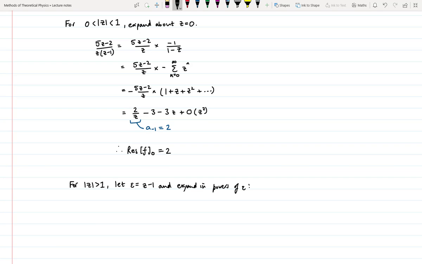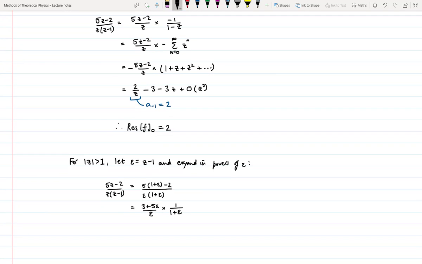We have 5z minus 2 over z minus 1. This will give us 5 lots of 1 plus epsilon minus 2 over epsilon times 1 plus epsilon. We can tidy this up as 3 plus 5 epsilon over epsilon times 1 over 1 plus epsilon.